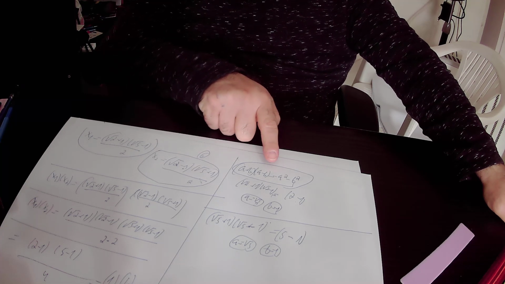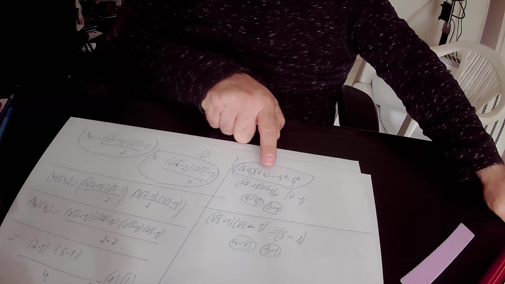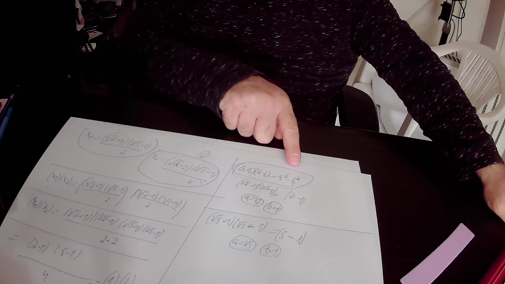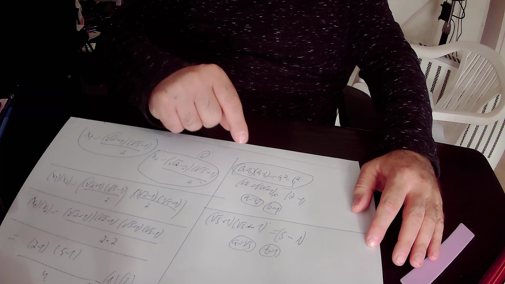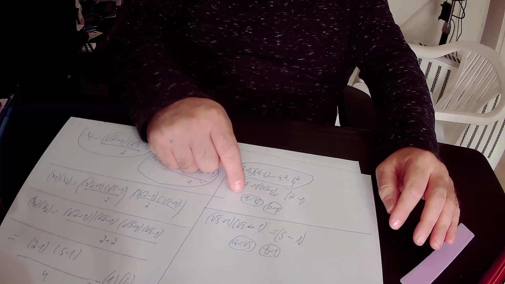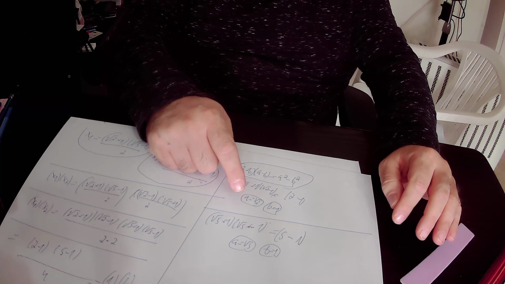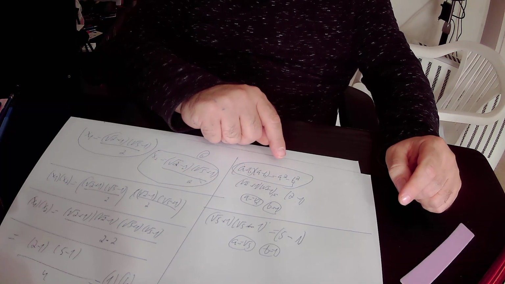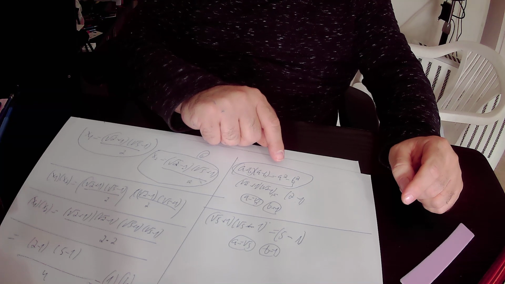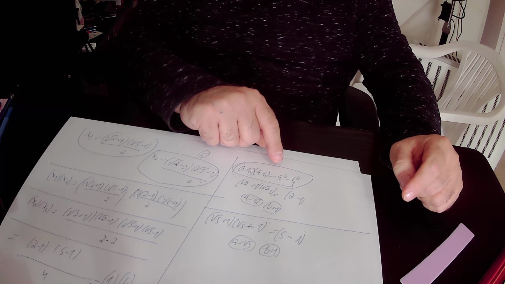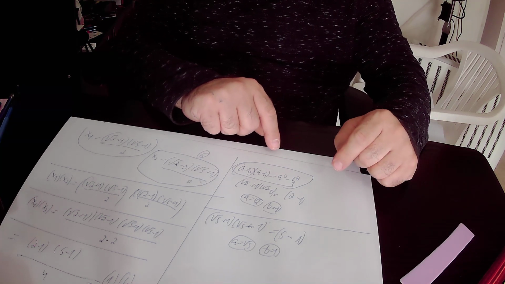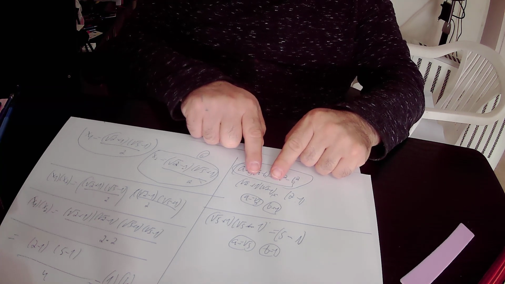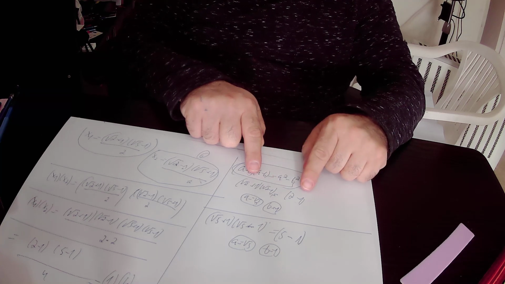So the result of this multiplication must be equal to a squared minus b squared. When a is square root of 2, a squared is 2. Minus b squared, b is 1, b squared is 1, so minus b squared is minus 1. So in conclusion, the result of the multiplication of this expression equals 2 minus 1.